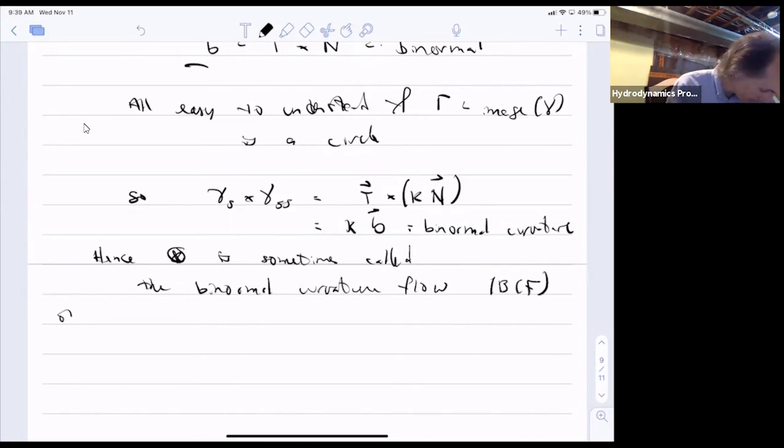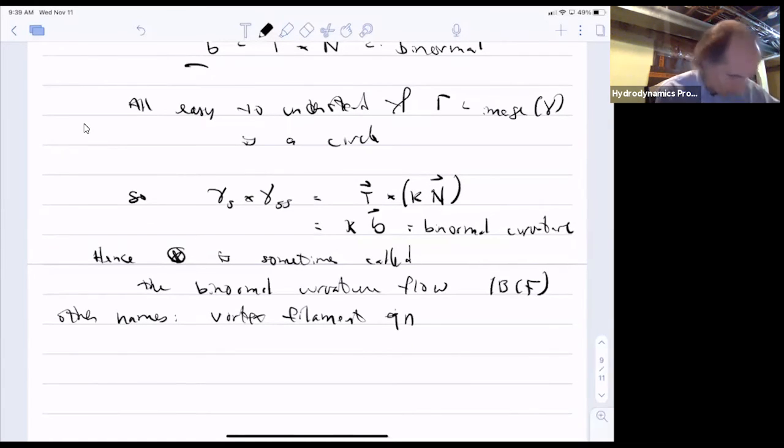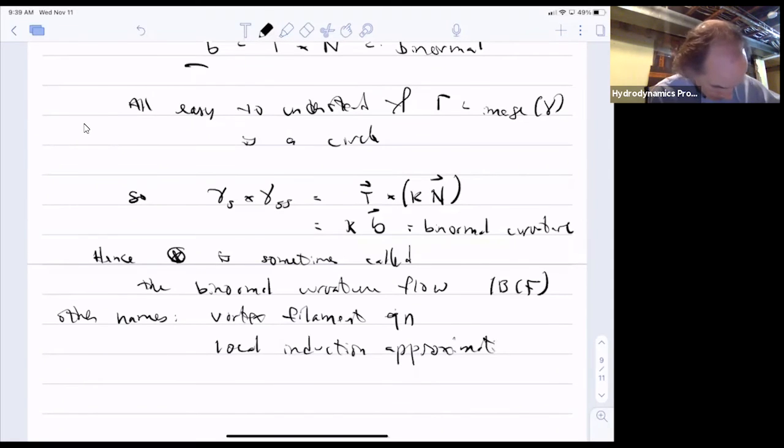It has other names: the vortex filament equation, or the localized induction approximation. And this refers to the kinds of formal arguments I did above in deriving the equation, this sort of hand-wavy derivation.